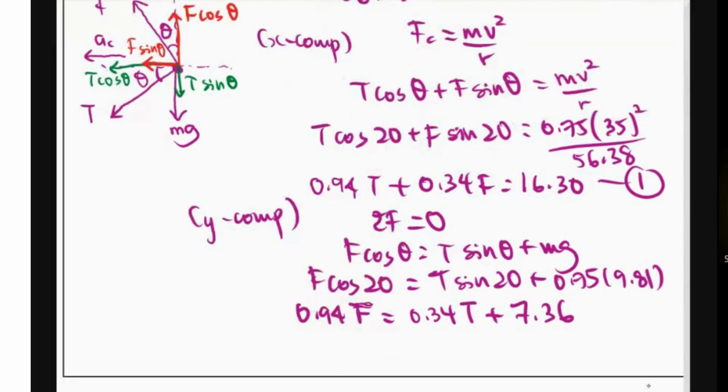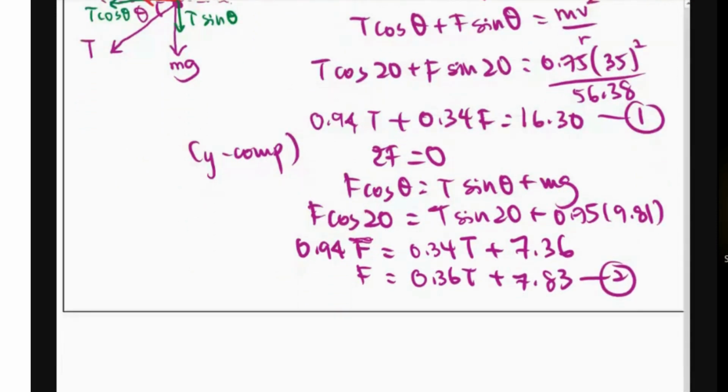Okay, since you are looking for tension, you can make force the subject. So you can simplify, bring down the 0.94, and then divide each of 0.34 and 7.36 by 0.94. So 0.34 divided by 0.94 is 0.36 tension, plus 7.36 divided by 0.94. This is my way of simplifying the expression. So you got 7.83.